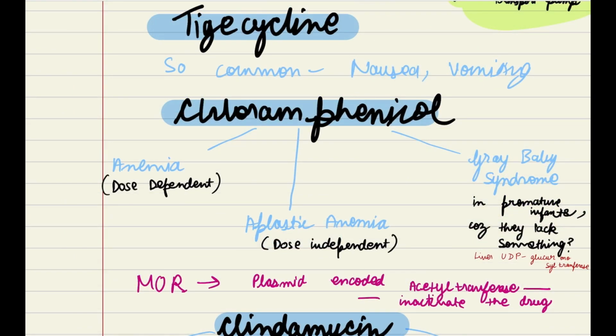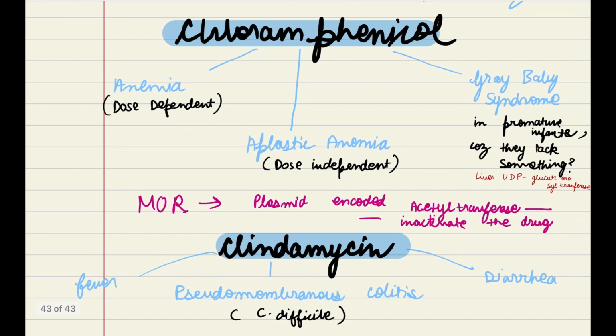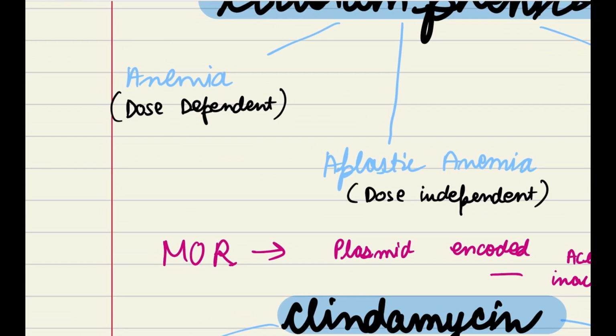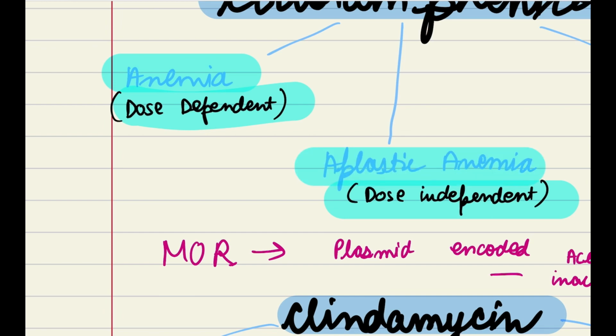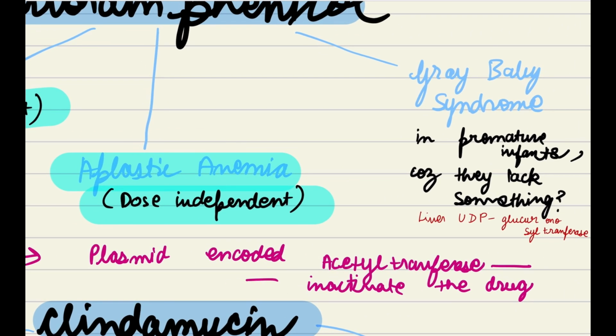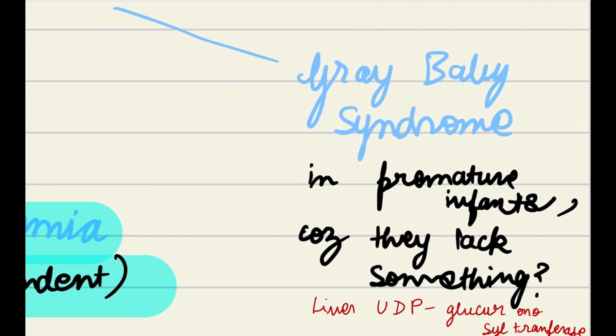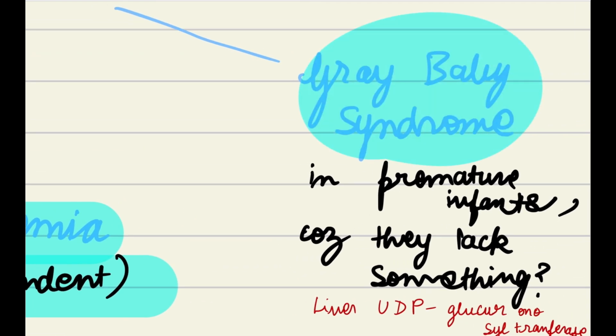Now for the other, tigecycline, you don't even have to bother about its adverse effect. It's simple: nausea and vomiting. In chloramphenicol, one adverse effect is dose dependent and the other is dose independent. The dose dependent is anemia, and the other is aplastic anemia, which is dose independent. And the third is it causes gray baby syndrome in premature infants.